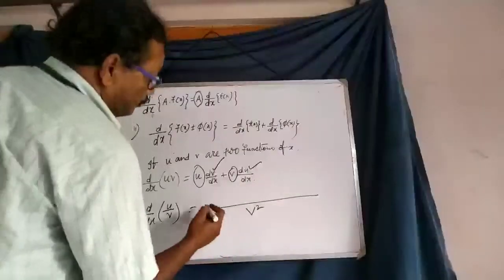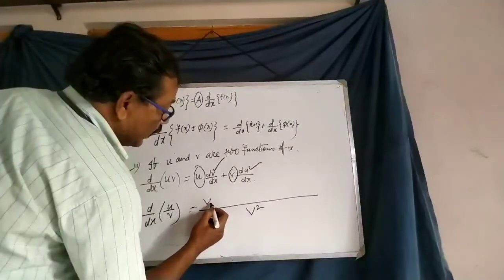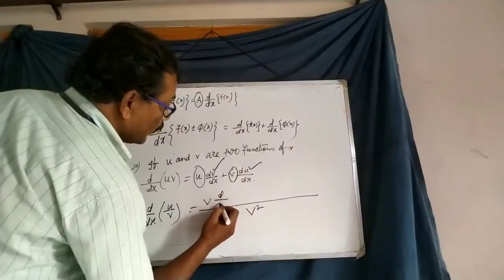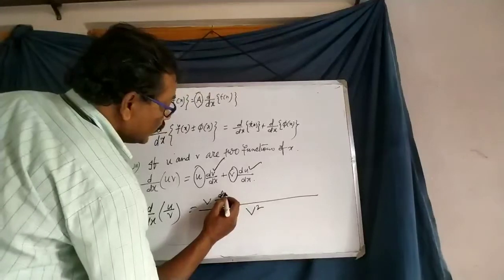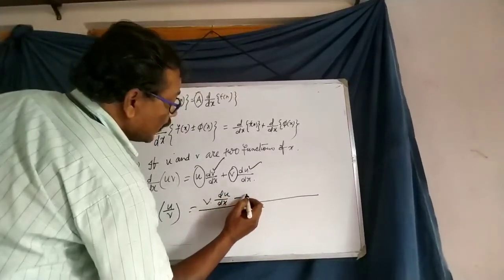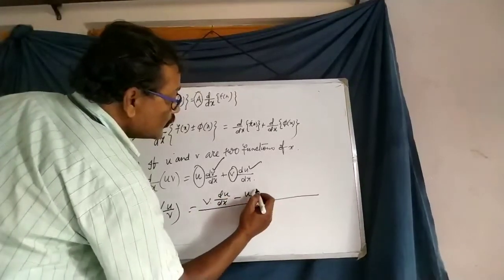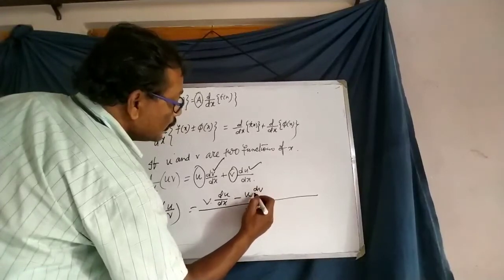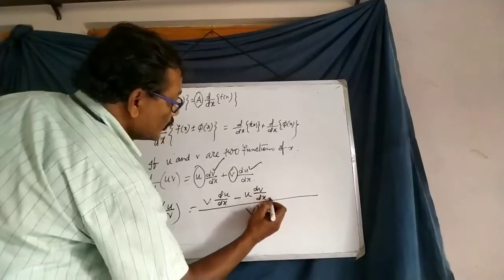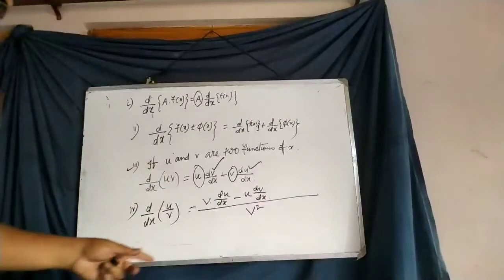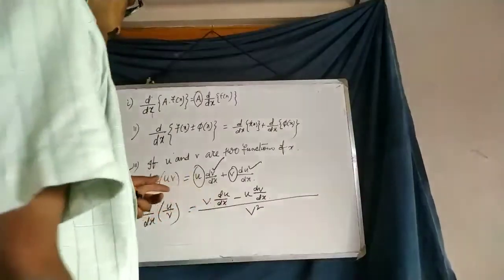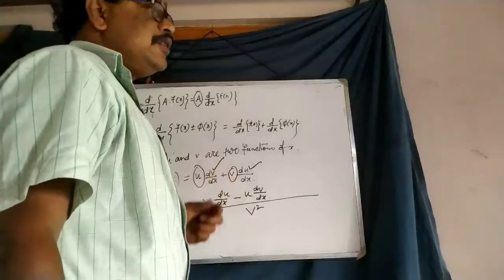Place the v square at the denominator, and then in the numerator, v unchanged and d/dx of u, that means du/dx, minus u unchanged, derivative of the denominator v, dv/dx. V unchanged and derivative of the numerator, and u unchanged, then the derivative of the denominator.